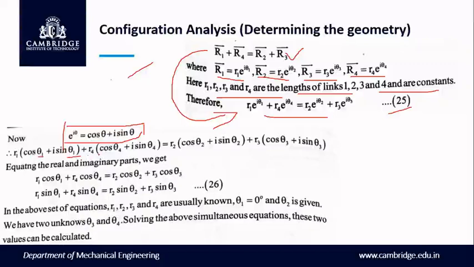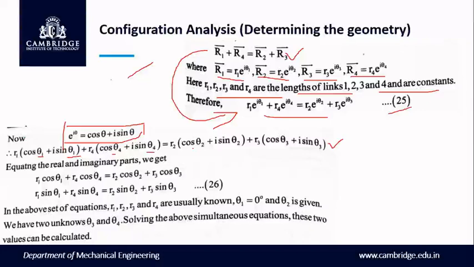So for theta 1, theta 4, theta 2 and theta 3, on expanding we get this step. This equation consists of two parts: one is the real part, another is the imaginary part. So equate the real parts and imaginary parts.